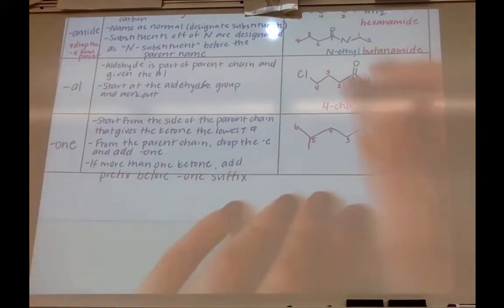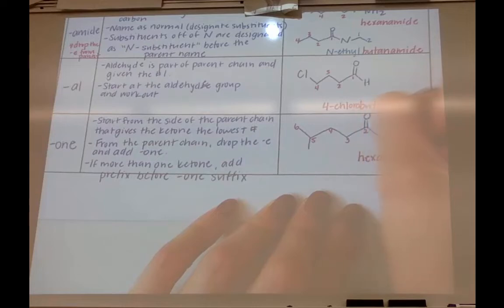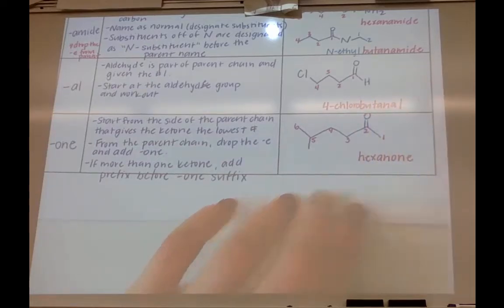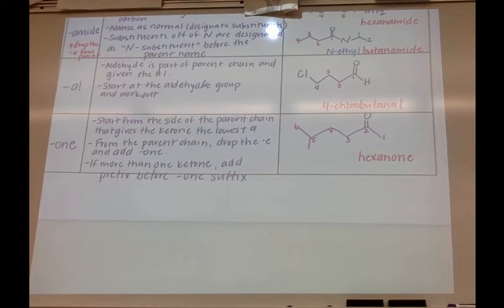So the parent name here would be hexanone. Right, the parent chain there would be hexanone. Now you do need to be able to distinguish where that ketone is. Kind of like you did with the alkene.